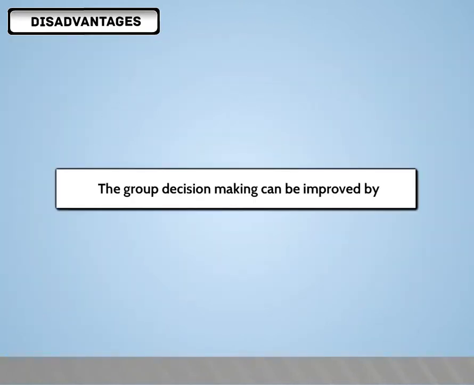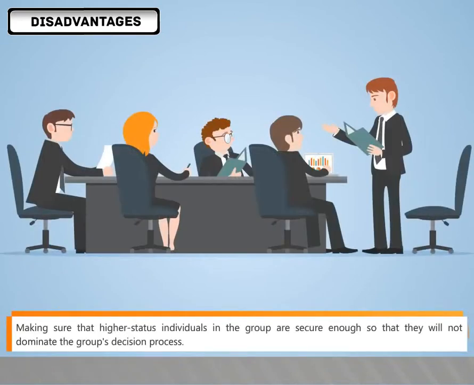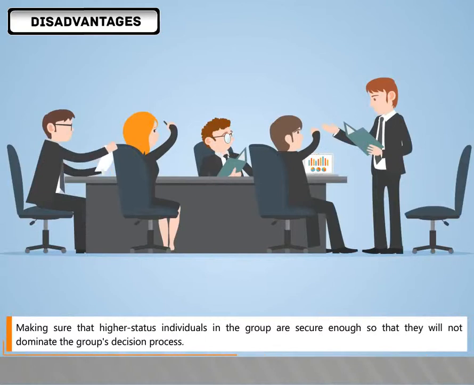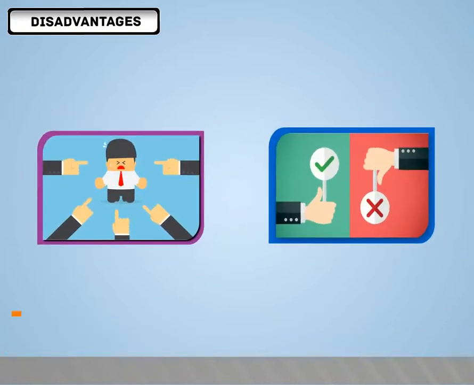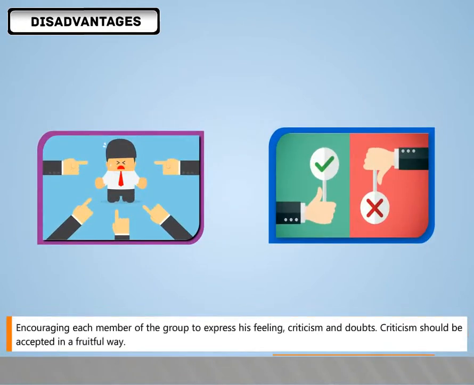The group decision making can be improved by making sure that higher status individuals in the group are secure enough so that they will not dominate the group's decision process. Encouraging each member of the group to express his feeling, criticism, and doubts. Criticism should be accepted in a fruitful way.